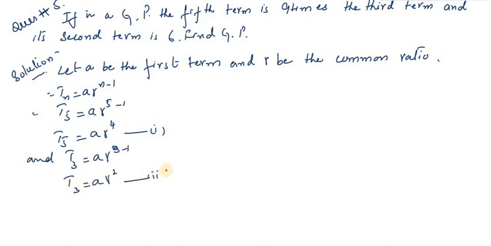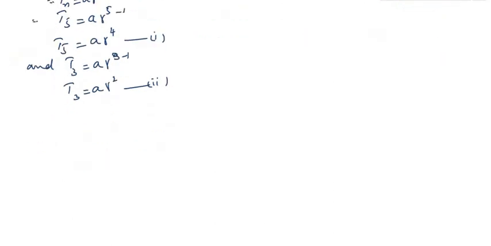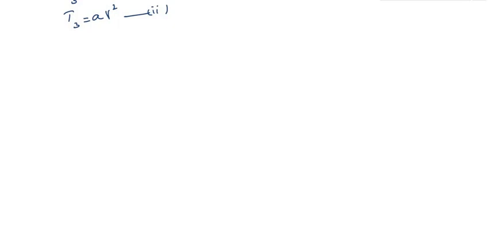This we say equation number 2, and according to the given condition, the fifth term is 9 times the third term. Fifth term is equal to 9 times the third term.